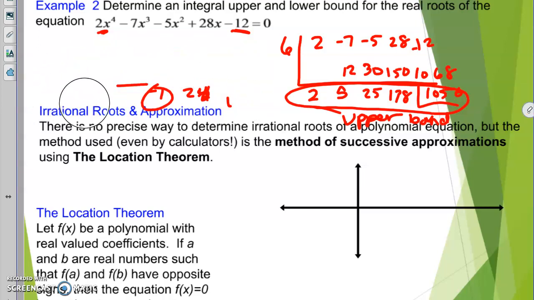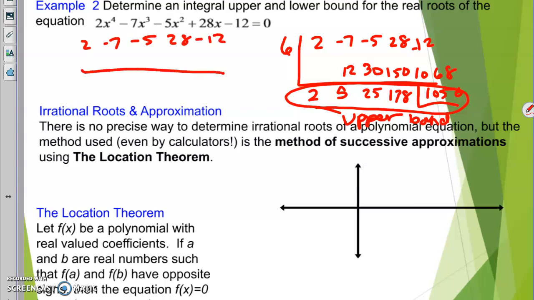And let's see if we can find a lower bound. If we do this and we test 2, -7, -5, 28, -12. I try a -3 in there, gives me a -6, -13, 39, which gives me 34, which gives me 102, oops, not 120, 102, which gives me 130, which is -390, and -402.